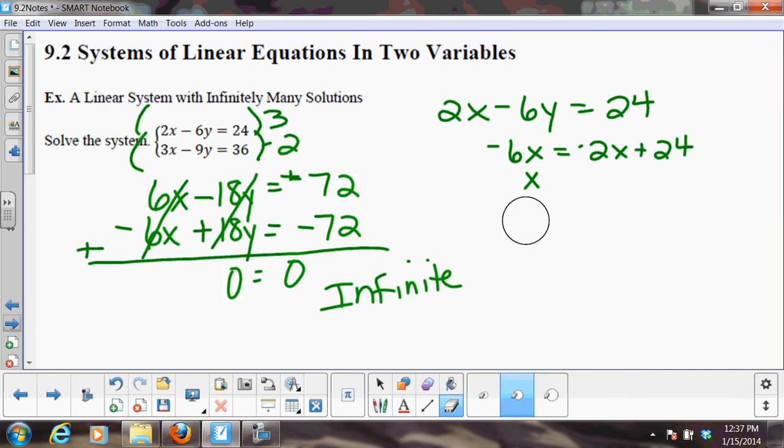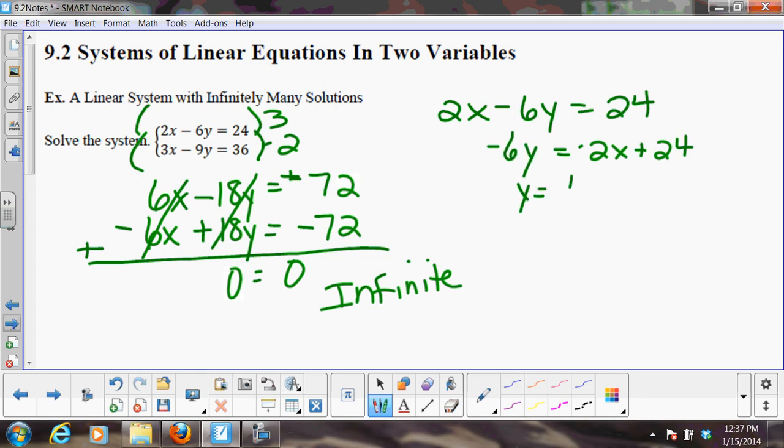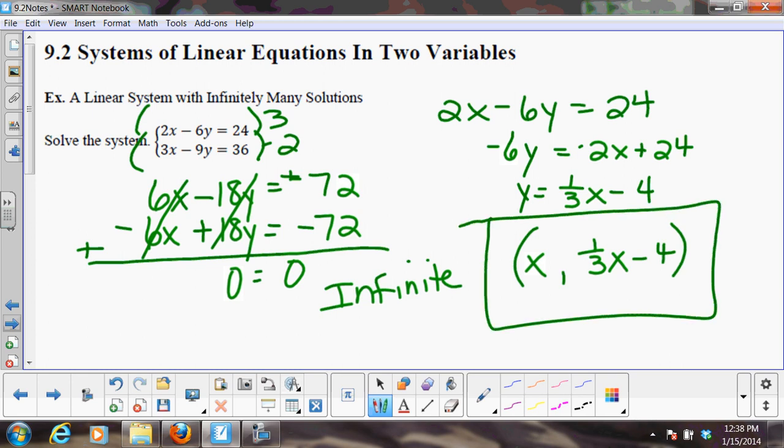Those are x's, those are y's. Minus 4. Okay, so our points on our line, for every x, our y's are 1/3 x minus 4. That's the actual answer right here. That's the answer, and then telling me it's infinite. Both parts. You need both parts.